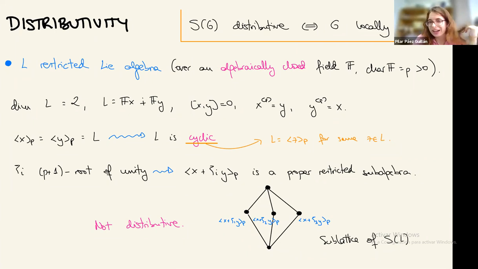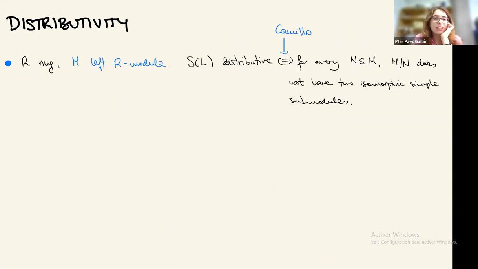So let's explore another structure. What about modules? If I pick a ring R and I consider a left R-module M, we have this result due to Camillo, which says that the lattice of submodules is distributive if and only if every time that I pick a submodule N, the quotient M by N won't have two isomorphic simple submodules.